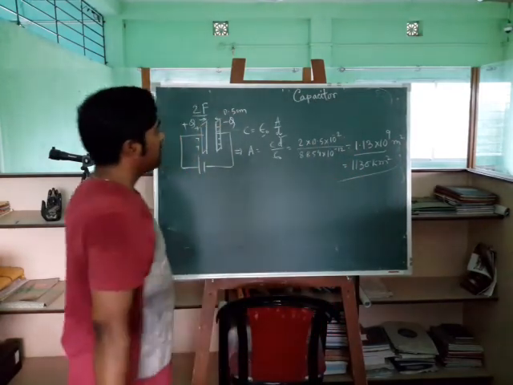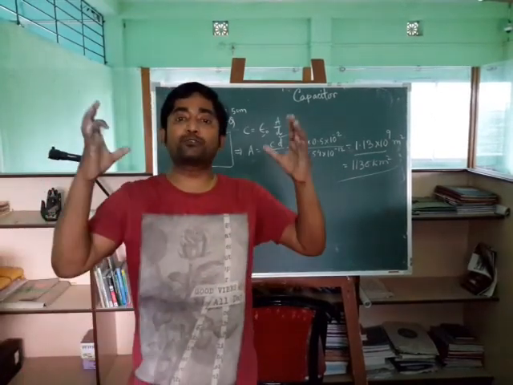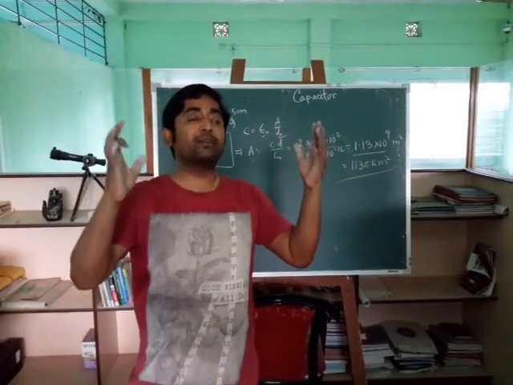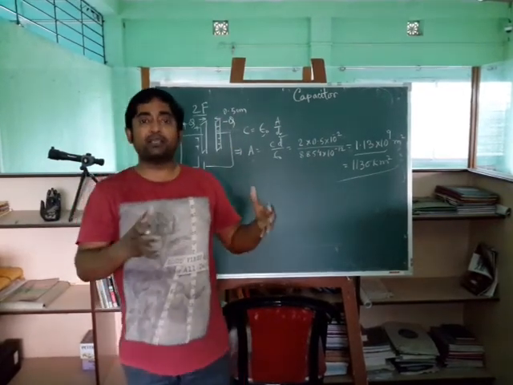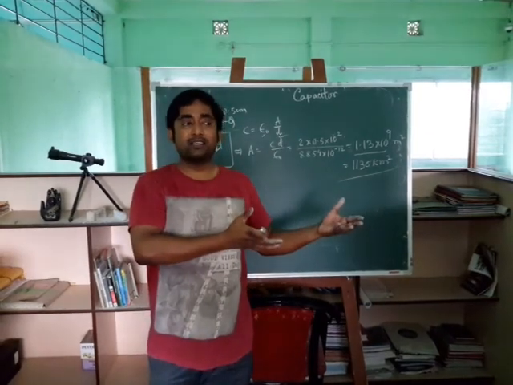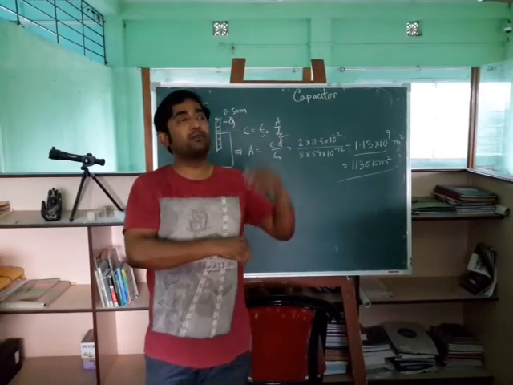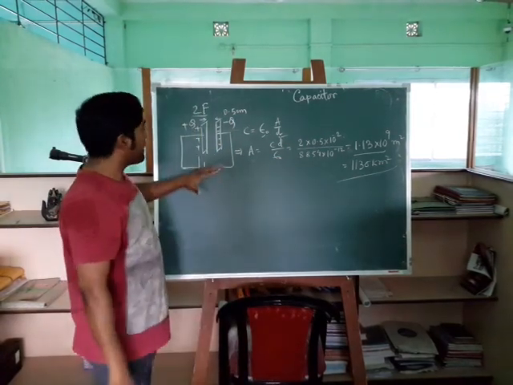You can calculate that on your own. So the area of the plate will be like 1130 kilometer square, and you cannot deal with such a capacitor, because you want to use the capacitor somewhere in an electronic device, and with such a huge capacitor we cannot really use it in any electric device. So you can have an idea.